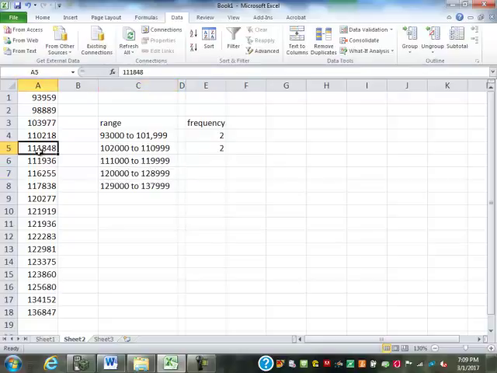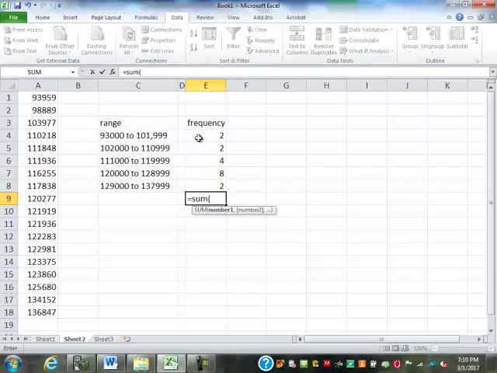From 111 to 119, there's four. 120 to 128, it kind of looks like the mother lode there. Was there 8 of them? And then from 129 on up, there's 2, right? See how that sums up. Make sure we got 18, and we do.